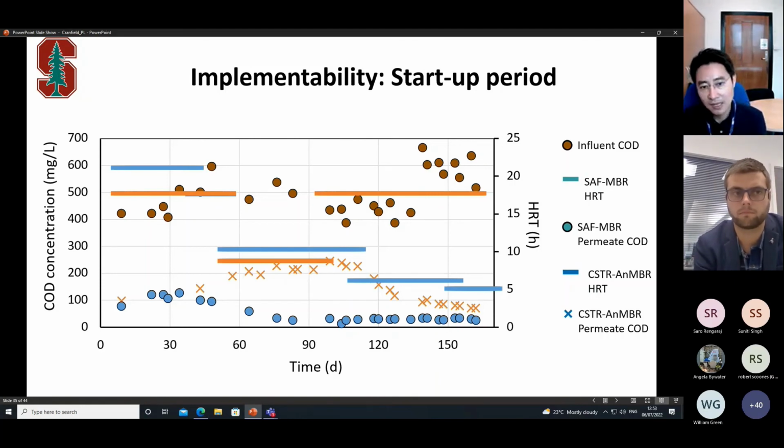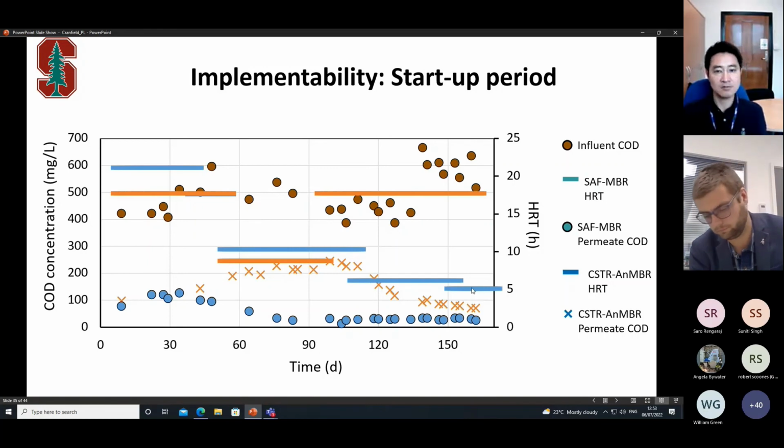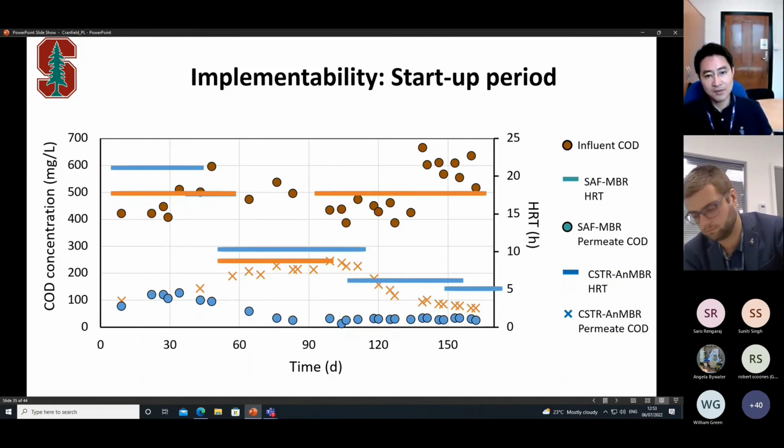The other drawback is a lot of dissolved methane. It's oversaturated because we get a really short HRT, and somehow the methane dissolves into the liquid. So that might be another burden.